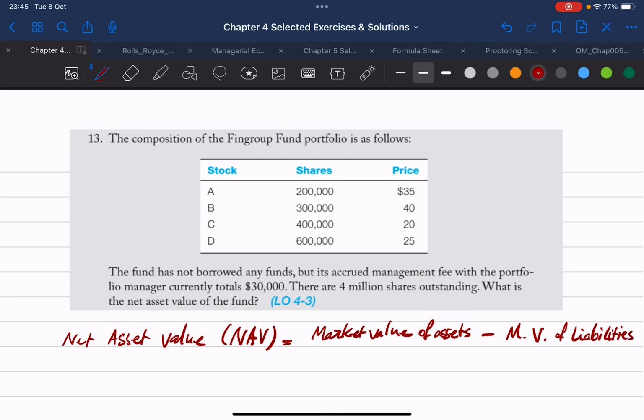And we express that on a per share basis, so we divide all that by the number of shares outstanding.